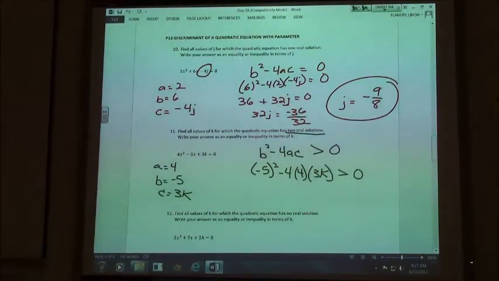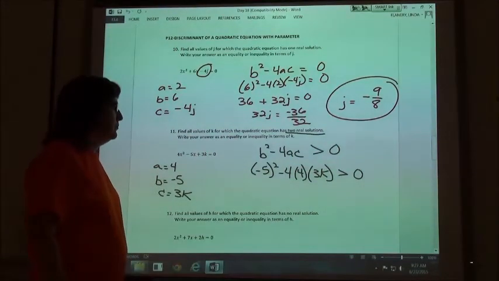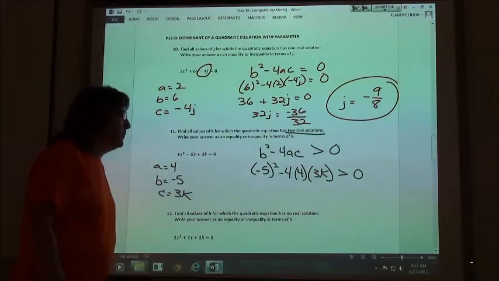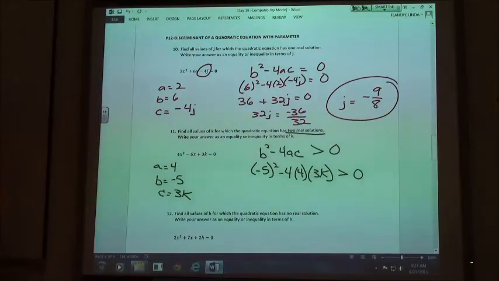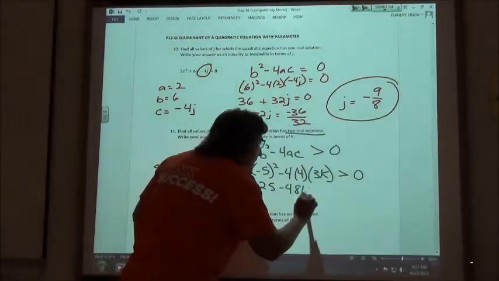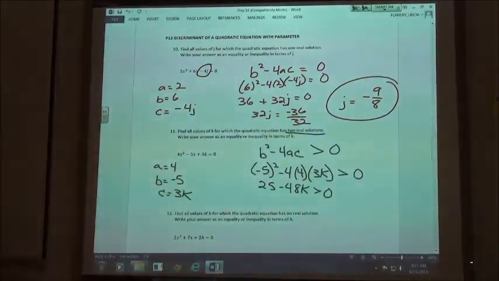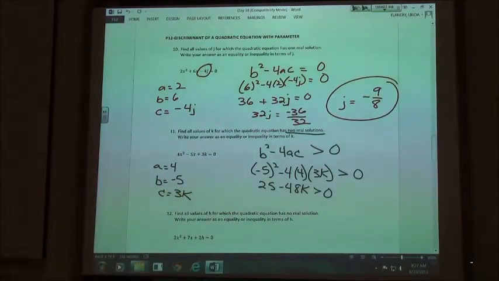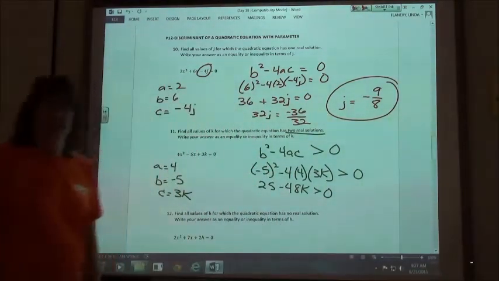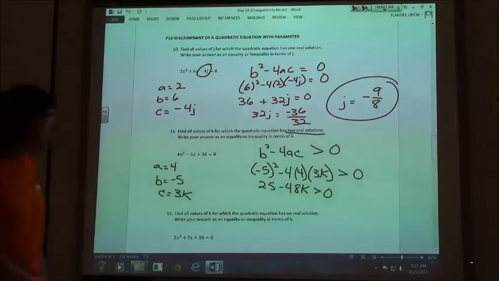So solving that, we would get minus 48k is greater than 0. Next thing you might want to do is subtract the 25.